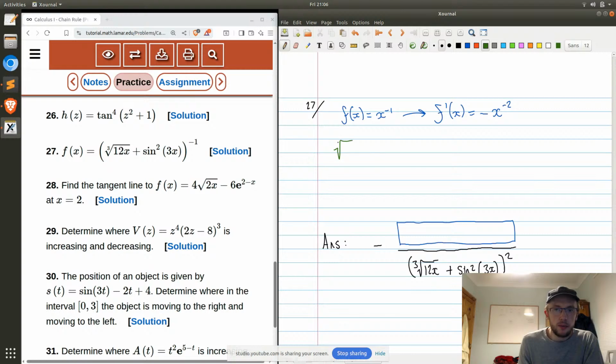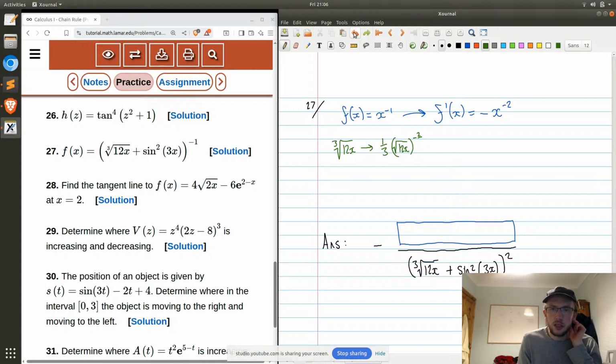Come on. What happens when I differentiate this? Okay, that is 12x all to the 1/3. So a third of the inside one, all to the minus 2/3, right? And then you have to, wait, what the hell am I doing?